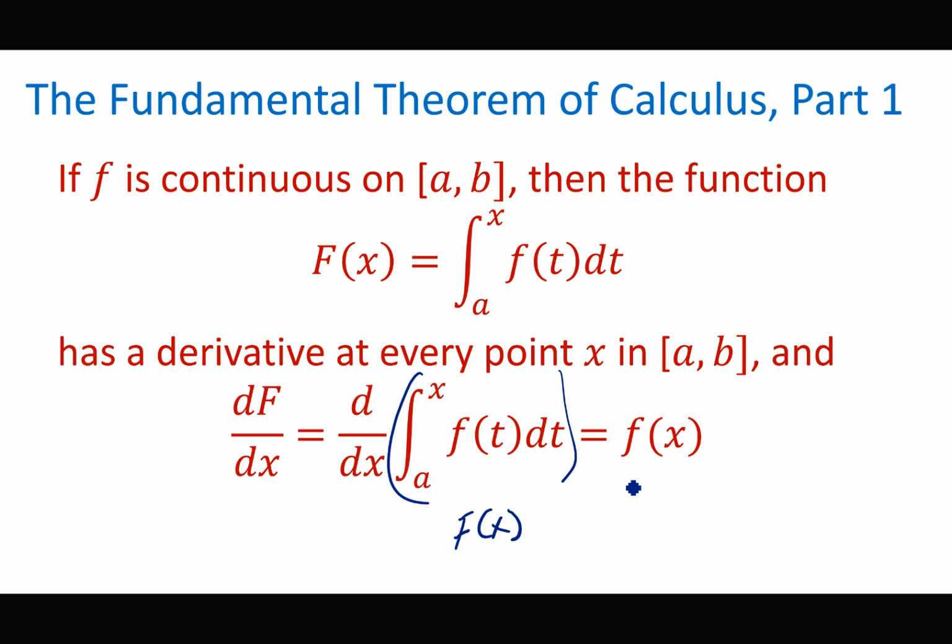But then the big piece is saying that is equivalent to lowercase f of x. So if we take the derivative of an antiderivative, we go full circle and we end up right back where we started. But I want to highlight the changes with variables as we go along.